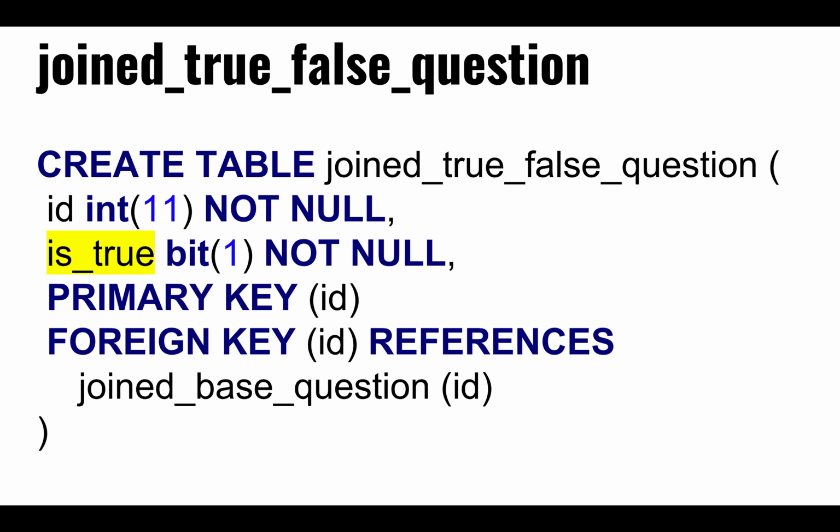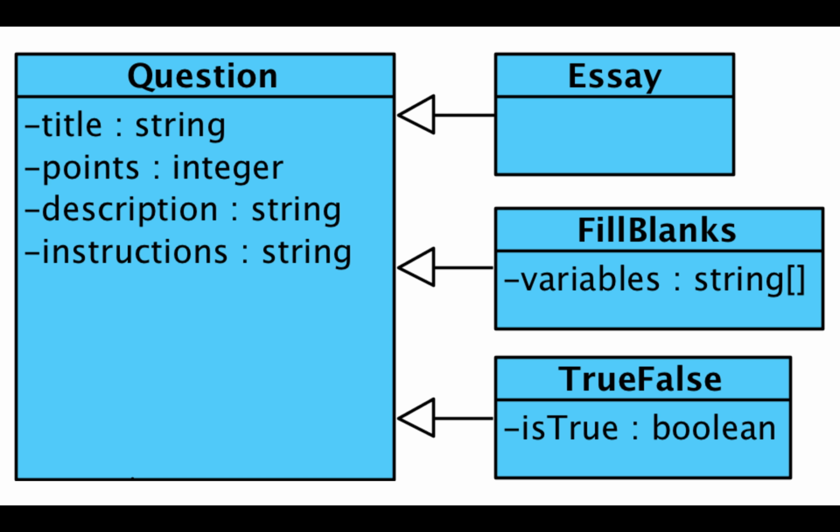And the only other thing that we are going to add here is that we want to make sure that this record has no meaning without the other record. If you go back to the class diagram and you look at true/false, an instance of true/false can never exist on its own. It can only exist with the inherited attributes of the base question.